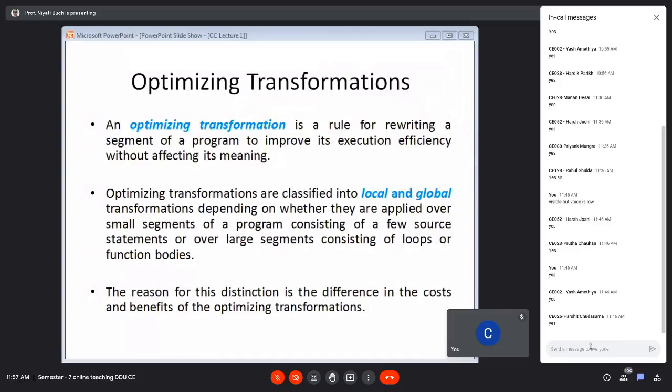The compiler will analyze the program to collect the information regarding what transformation should be applied, and the costs and the benefits. It will depend on how the compiler has analyzed the program.